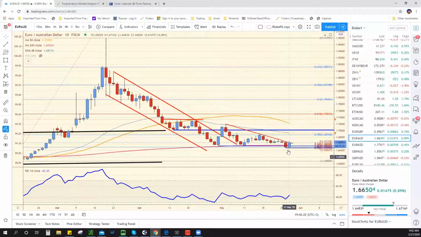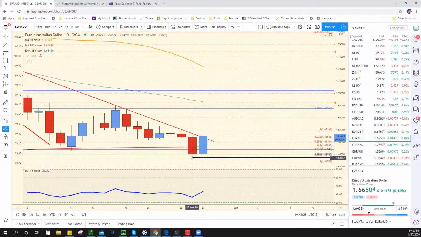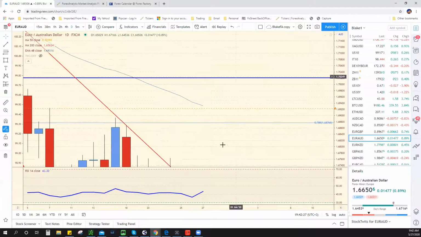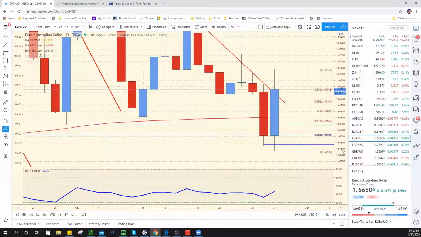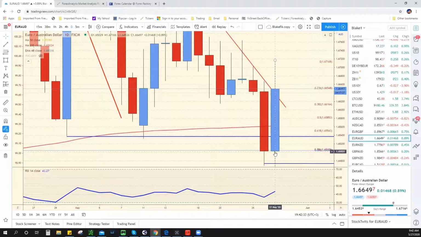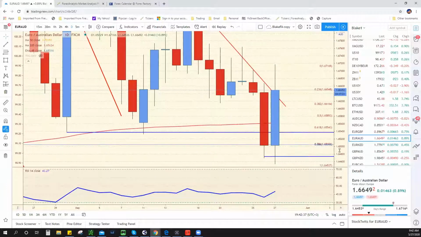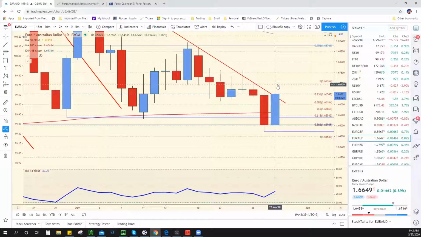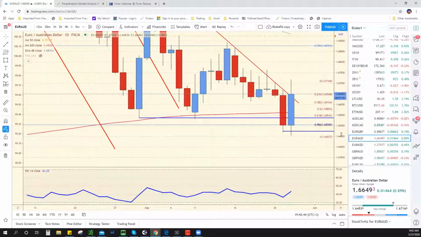Is it a bullish engulfing? I mean, no, but it'll be an outside day. And you know, if we close closer to 167, it'll definitely be a key reversal day.